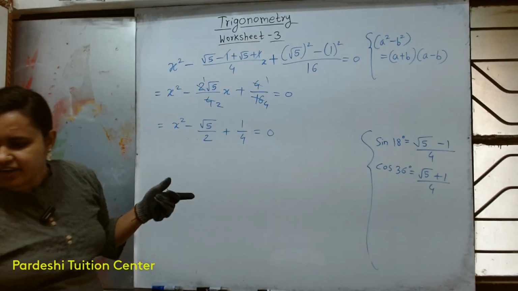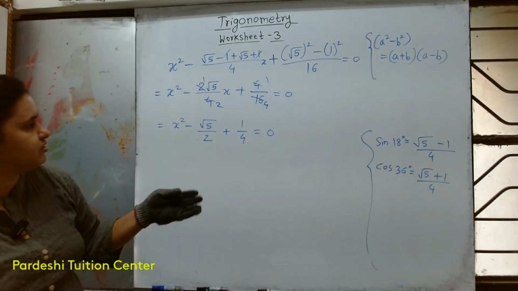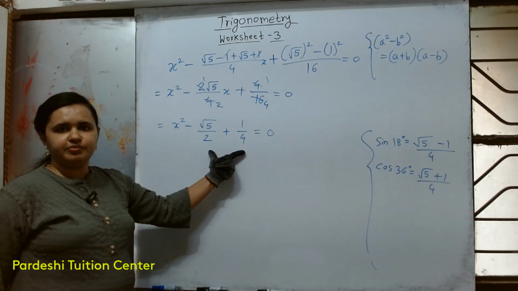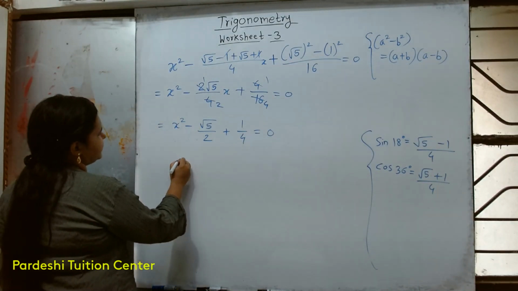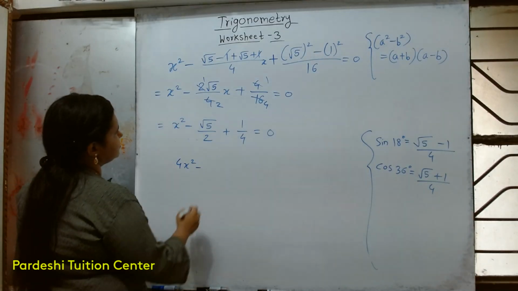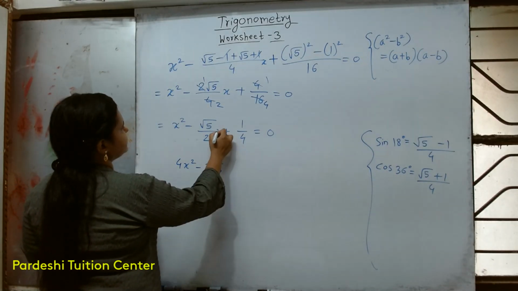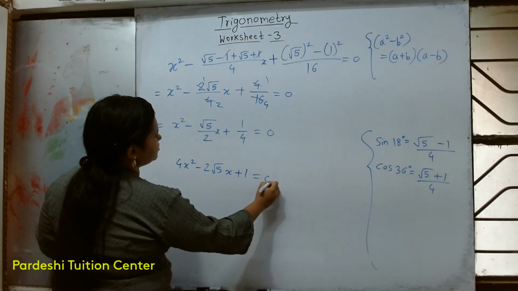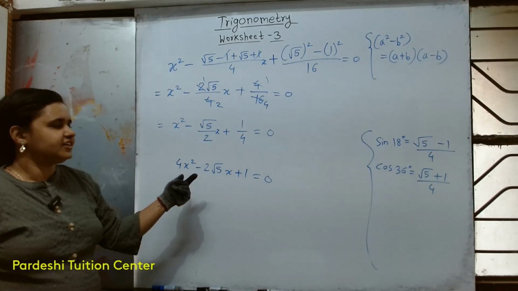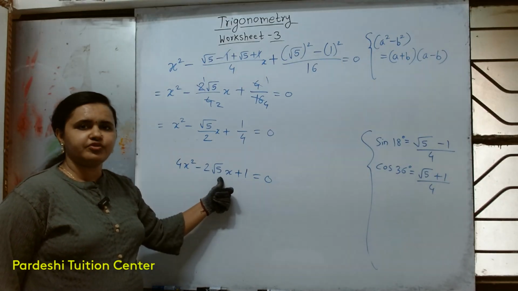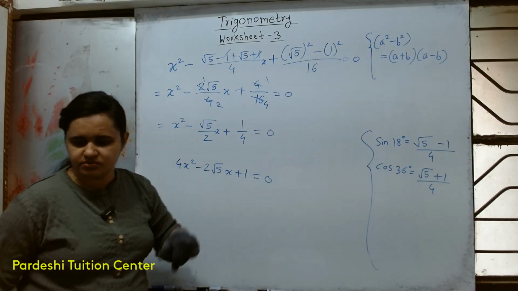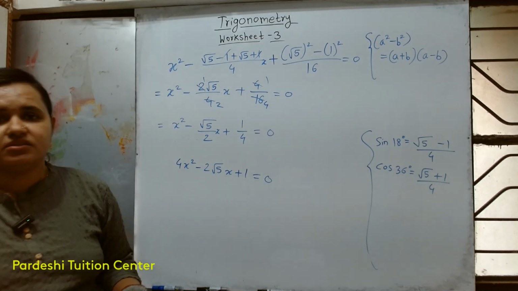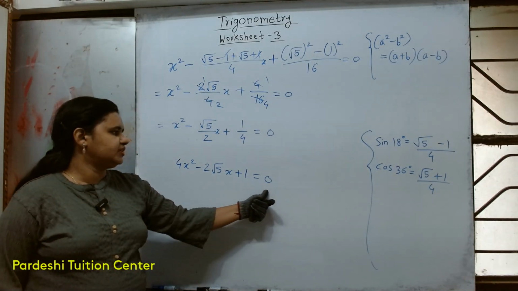Now we want the quadratic equation not in this form. If I take the LCM of 2, 4 and 1, it will be 4. So we get 4x square minus 2 root 5 x plus 1 equals 0. So we have got the quadratic equation as 4x square minus 2 root 5 x plus 1 equals 0. So our option is the third one, that is 4x square minus 2 root 5 x plus 1 equals 0.